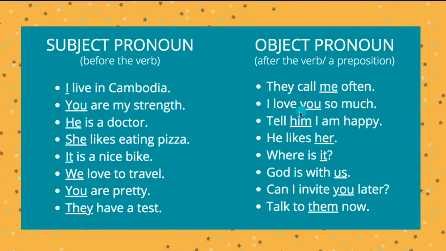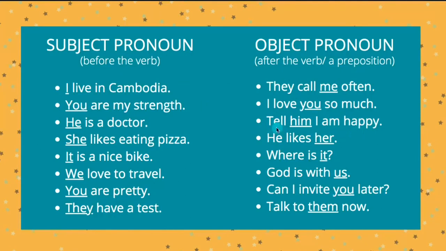Here you have to figure it out, because you and you are the same, but you can identify whether it is a subject or object pronoun by whether it is before or after the verb. In this one, I love you so much, you is after the verb love. Therefore, you is an object pronoun. Here you can also say that I is a subject pronoun, but we are focusing on you as an object pronoun.